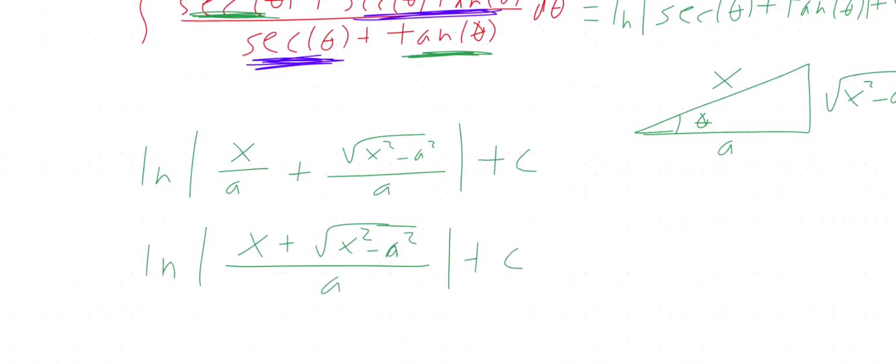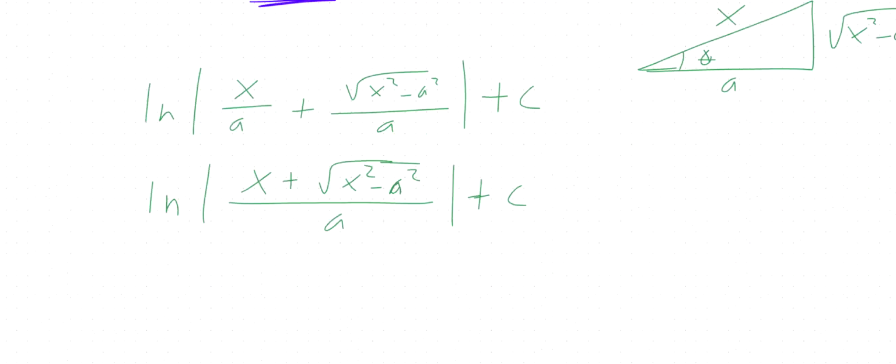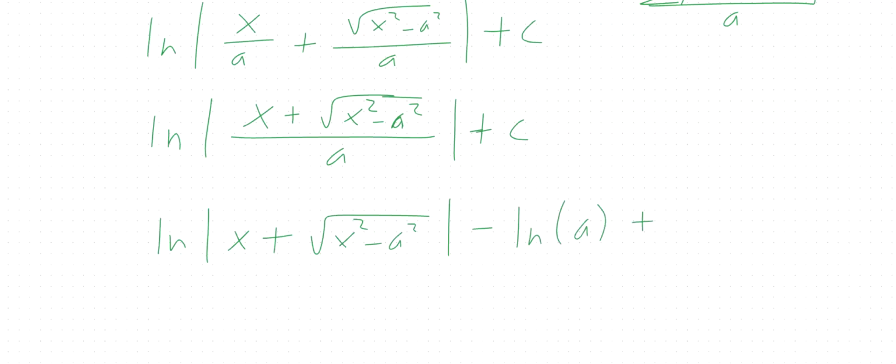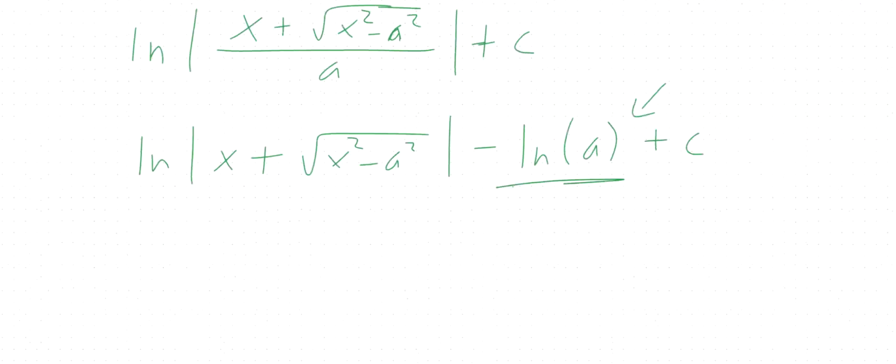And then using your dividing logs, we can split that into subtraction. Now, we don't need the absolute values on this because we said before that a was a positive number, specifically because we knew we were going to get this later. And now natural log of A is just a number. C is just a number.